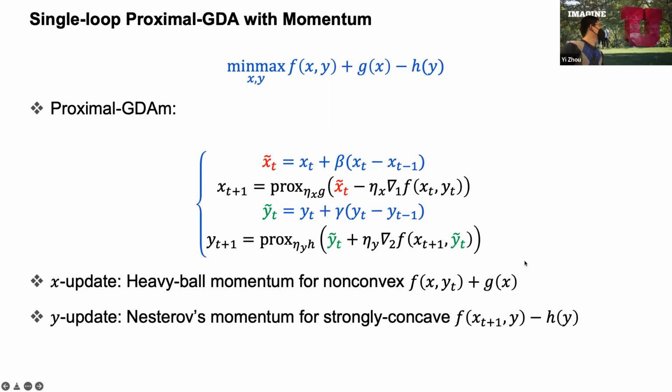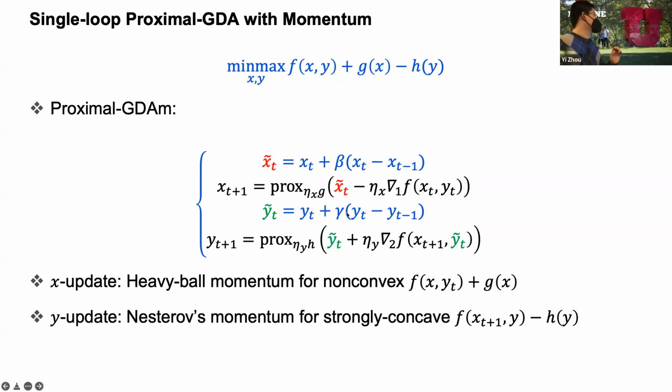In particular, these two momentum schemes are slightly different, in the sense that in the final update we use y tilde t in these two locations, but in the second update we only use the extrapolated point at one location.